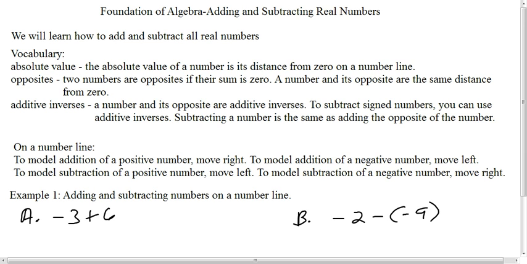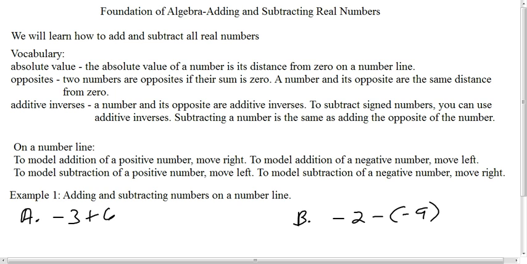Also, if we're talking about the absolute value of -10, if you count from 0 to -10, it is also 10 units. Something you might want to keep in mind is that absolute value will always be a positive number. We'll get to the notation for that in just a little bit.